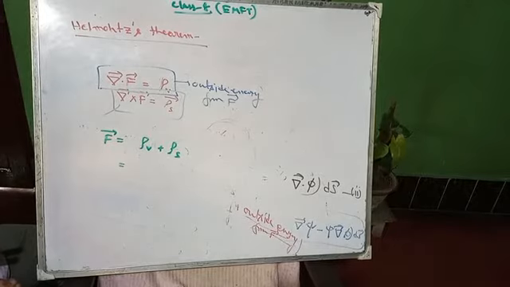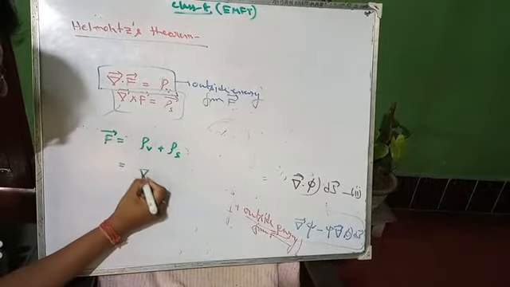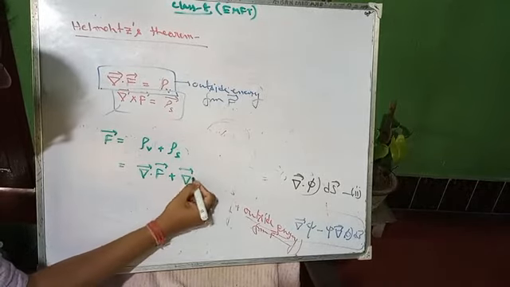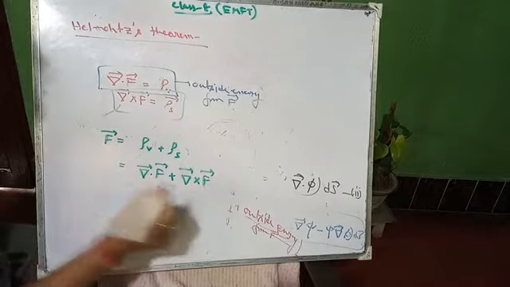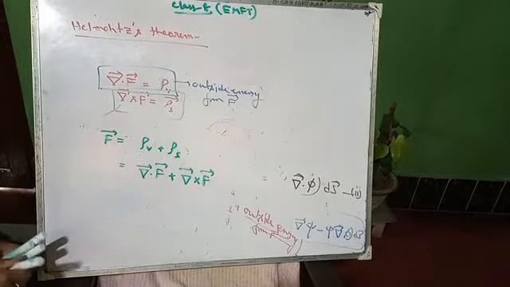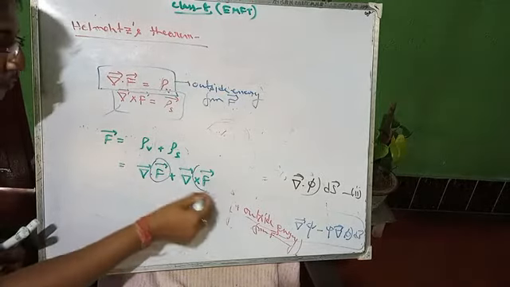So rho v means the divergence of F plus the curl of F. Once again, I conclude that this F and this F are not the same. Why?